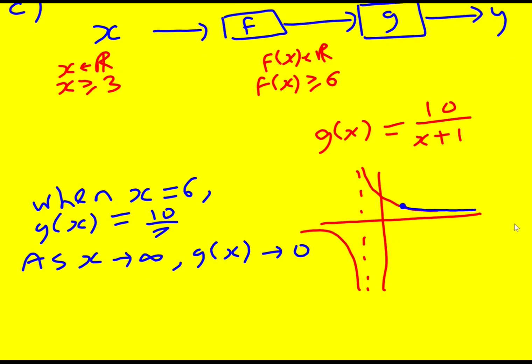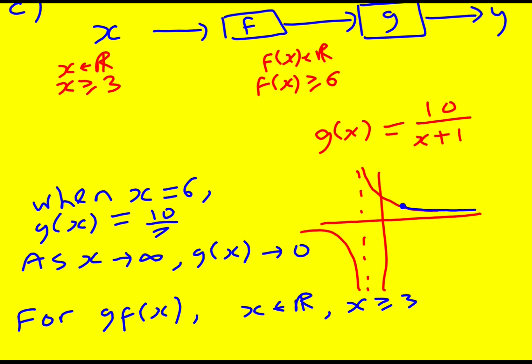So overall, for g of f of x, I wrote this already, but I'm going to write it again. x is any real number, but x must be greater or equal to 3. And then it must be that g of f of x is greater than 0, but it is less than or equal to 10 over 7.